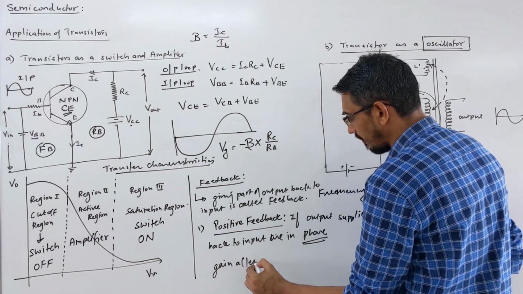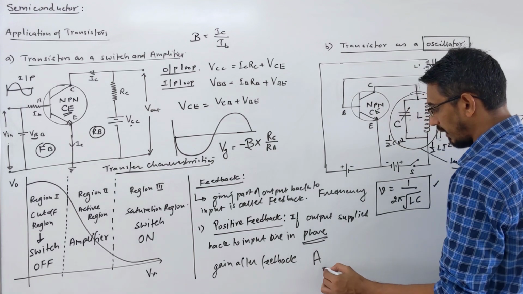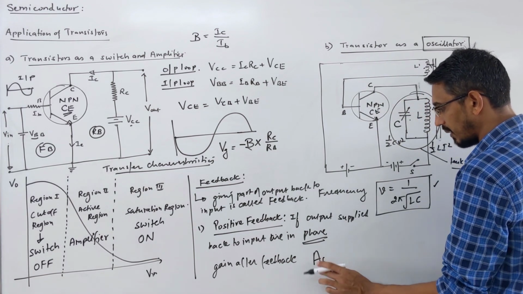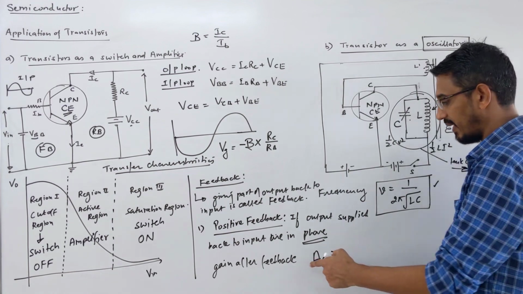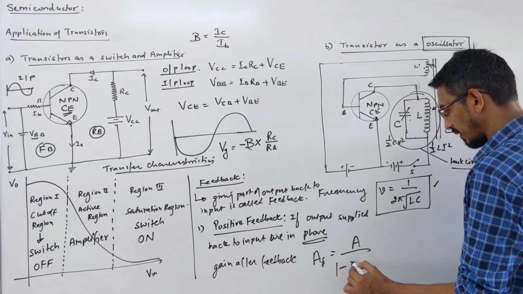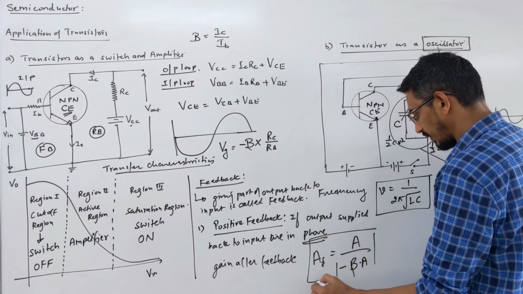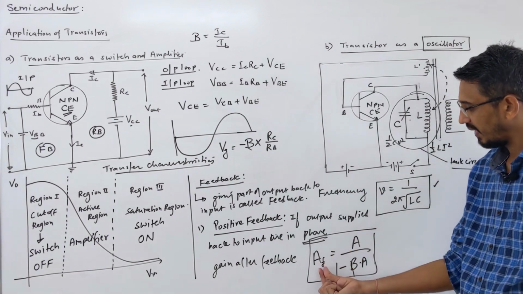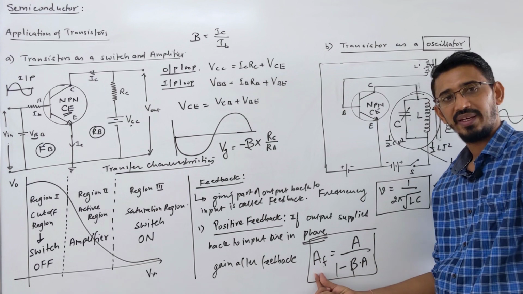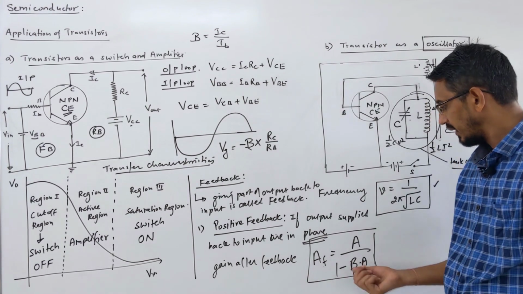Let's call the gain A, and after feedback, AF means gain after feedback. It is defined by A by 1 minus beta into A. This is a small formula, and AF is called gain after feedback, right? Any gain, voltage, we generally talk voltage gain, but it can be power gain, whatever.